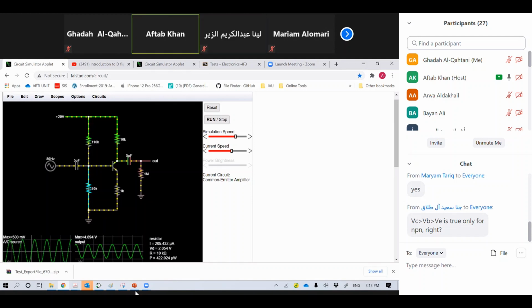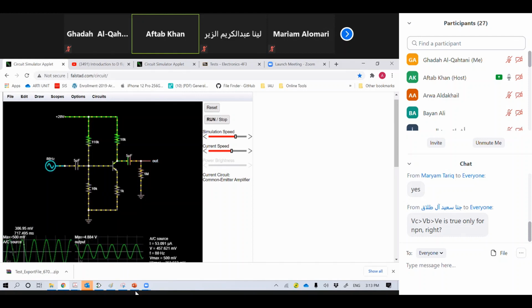Here is basically voltage divider biasing we are applying, and this is the signal which we want to amplify. First we set up this transistor in the active region. Now we are applying this signal and we are getting output here, girls, across this resistance. So this is our input. Can you see this?